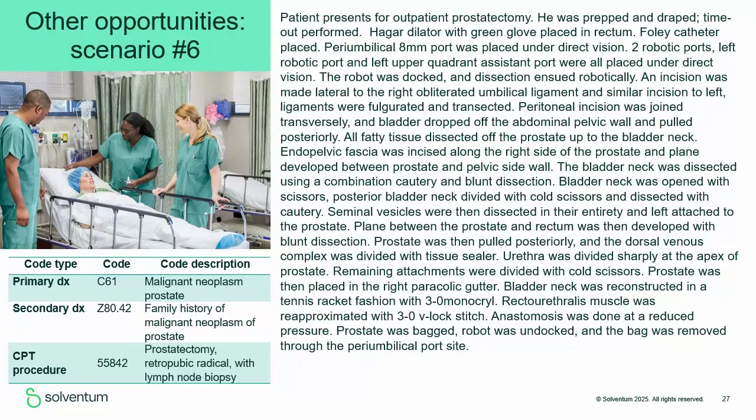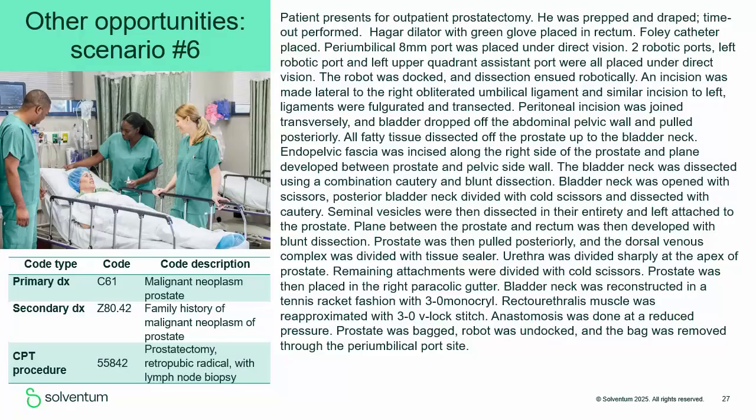We're going to say that you are implementing one of the previous potential solutions by performing ongoing audits. In this case, the patient presents for an outpatient laparoscopic prostatectomy. So I have a very comprehensive operative note here. We're not going to read it in great detail, but what I do want to point out is what was coded versus some key points in the op note.